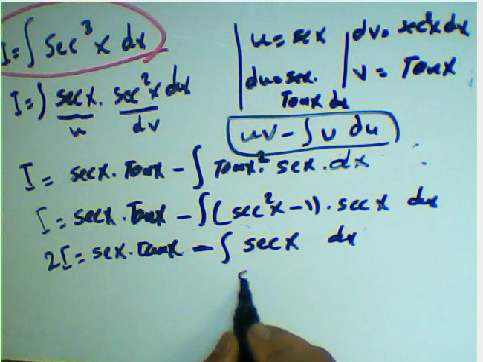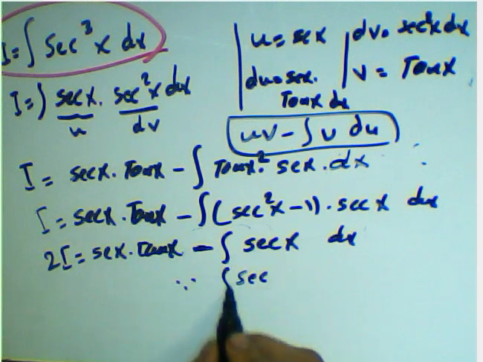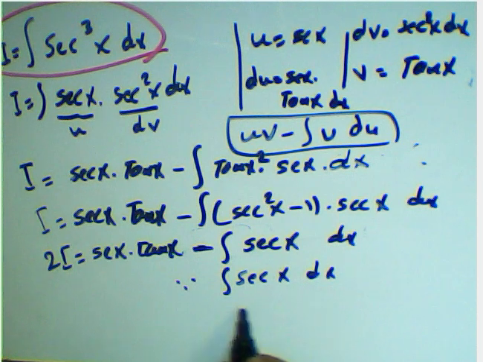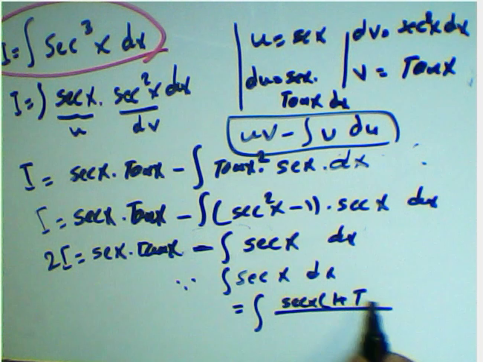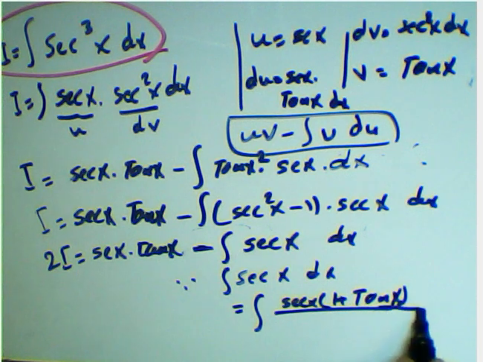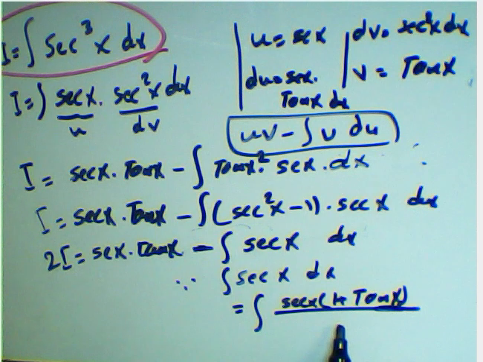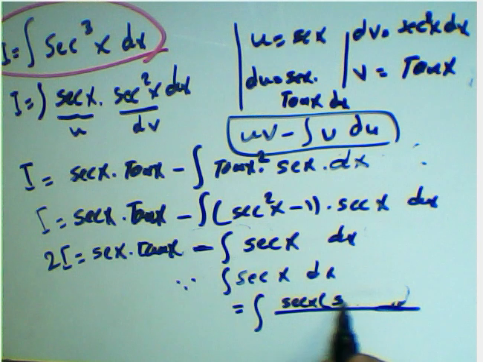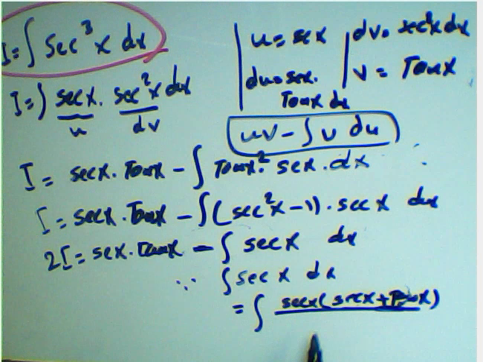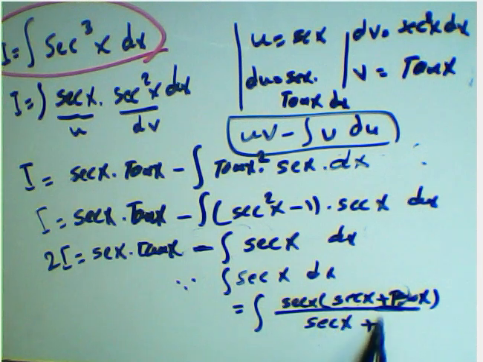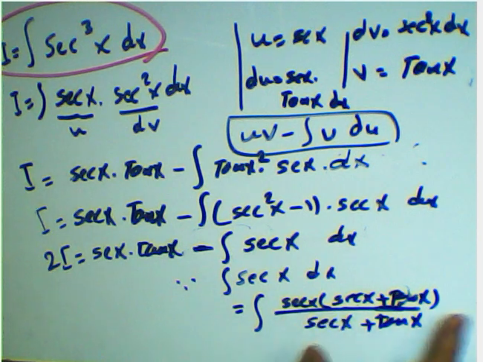Why? Because we want to find the integration of sec x dx, we must multiply the numerator and denominator by sec x plus tan x, because the derivative of sec will be sec tan, and of tan will be sec^2.